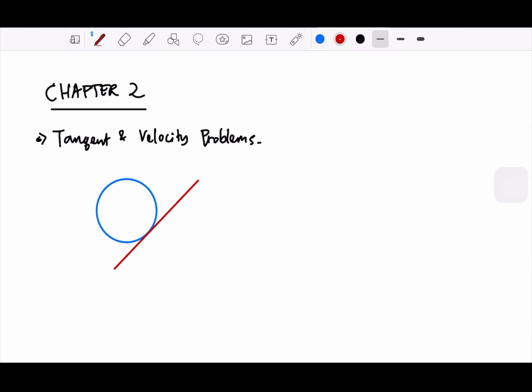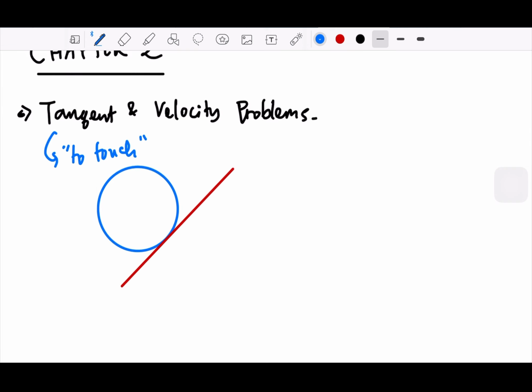So tangent, the literal meaning of tangent, is to touch, or touching. We can usually describe it in math like this: you have a circle and you have a line, and it will touch exactly at one point.